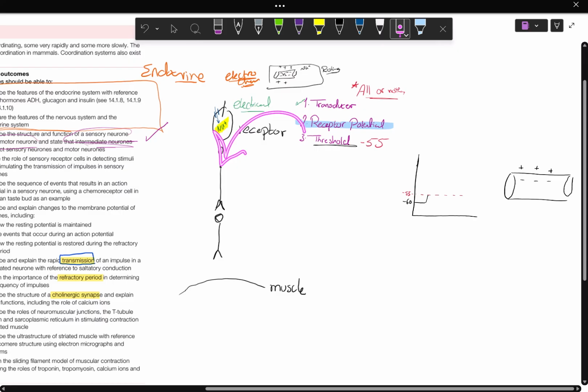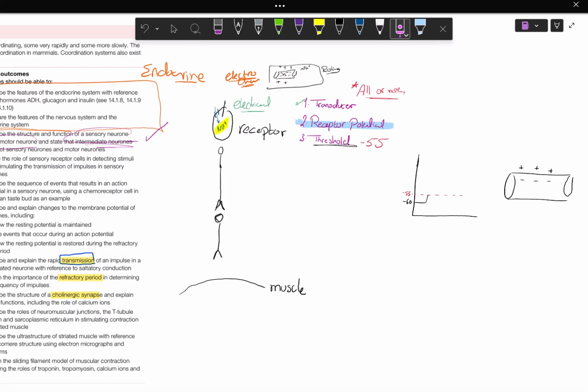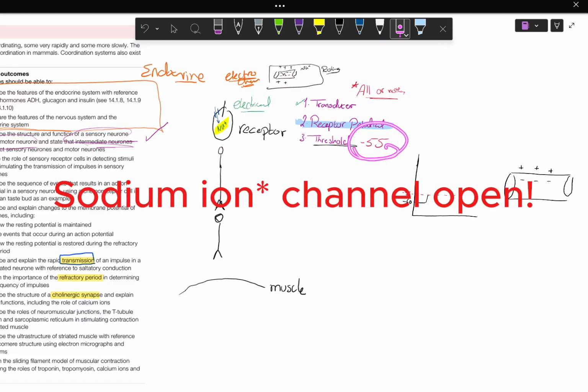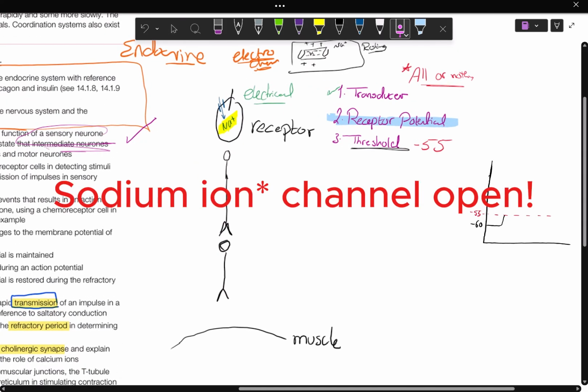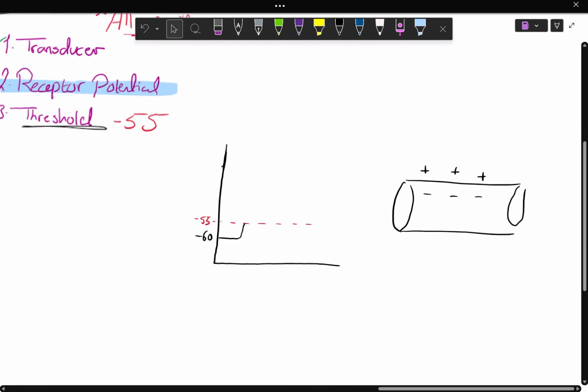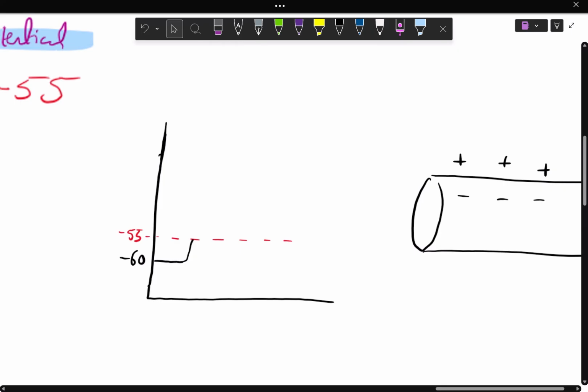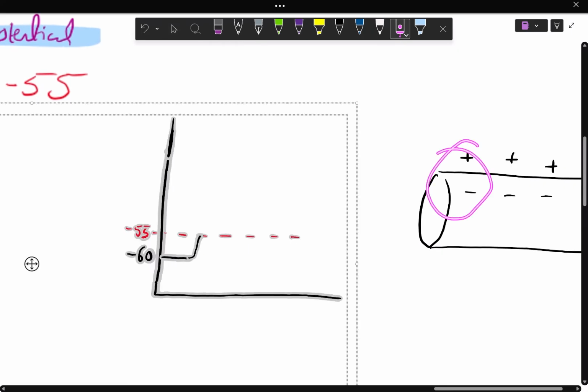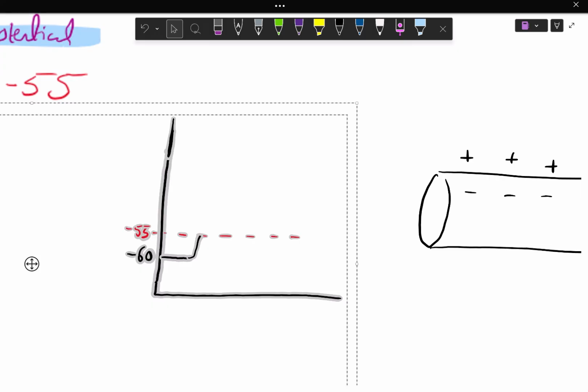If the receptor potential, as we said, is strong enough to exceed the threshold, all the voltage gated sodium ion channels in the axon will open. If we took a section of here and zoomed it in, let's say this part of the membrane reached the threshold, which is negative 55. That means that enough sodium ion channels opened to activate the voltage gated sodium ion channels. What does voltage gated mean?